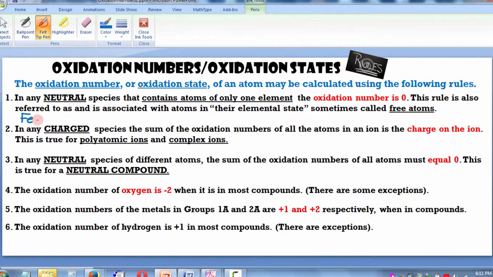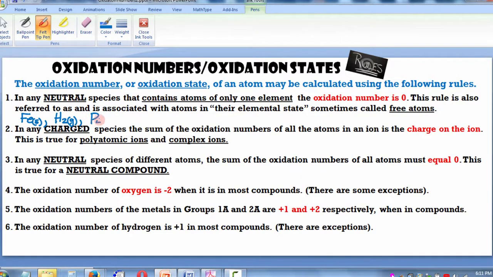A very good example would be iron solid in its elemental state. It would have an oxidation number of 0. Hydrogen gas is in its elemental state, and it would have an oxidation number of 0.